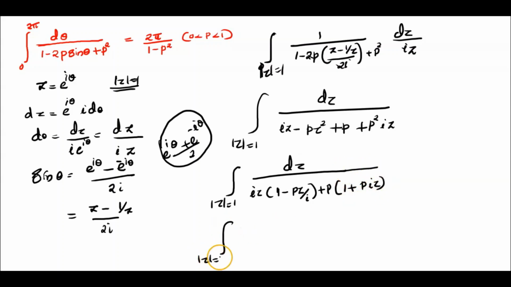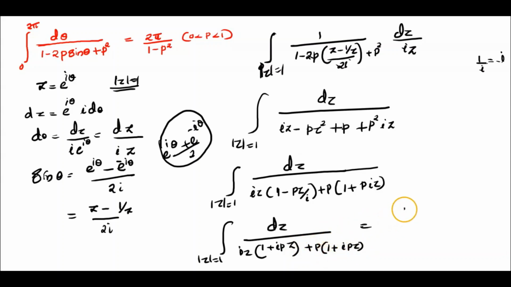Simplify again: 1 by i is minus i, if we multiply with the conjugate. So this is 1 plus i pz plus p into 1 plus, this is also i pz.